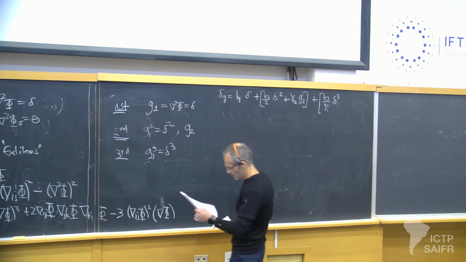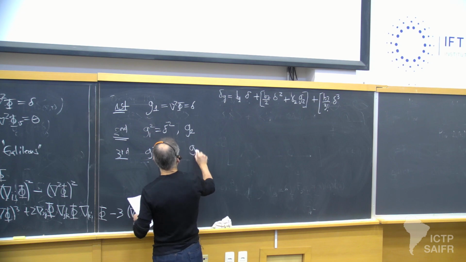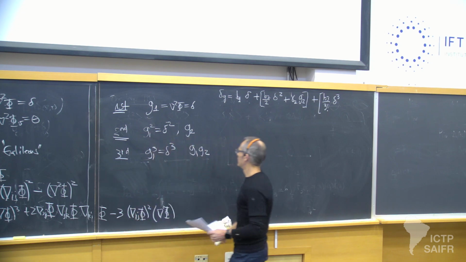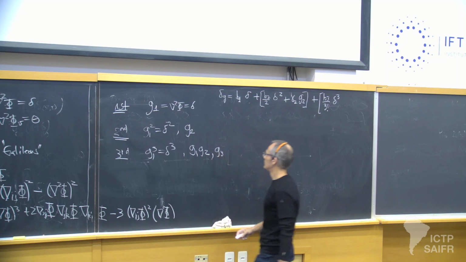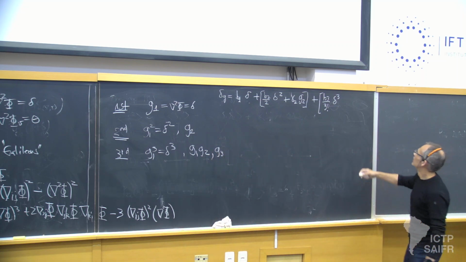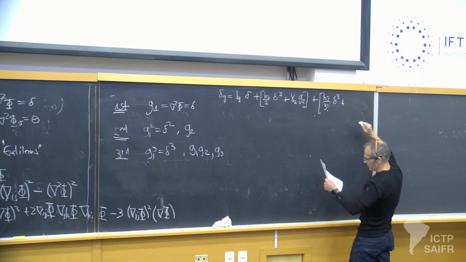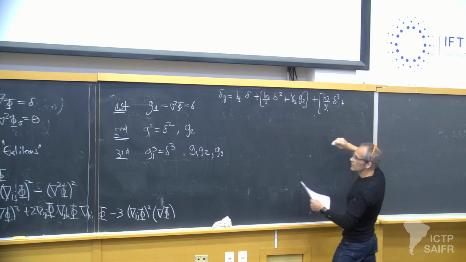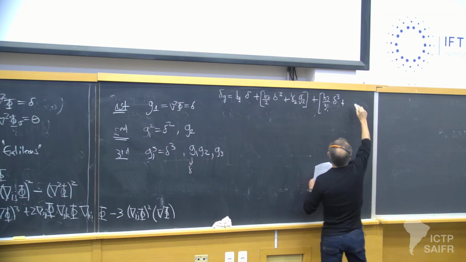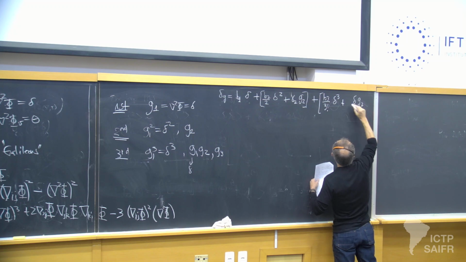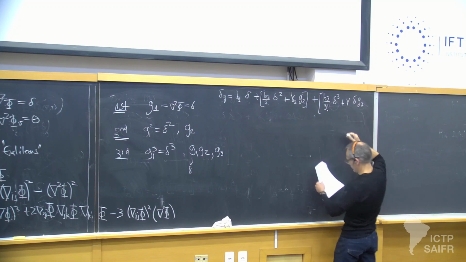I can do G1 G2, which is also cubic, and then I can do G3. Okay, so let's see. So this is just delta times G2. Delta times G2, the coefficient here is called, what am I calling it?